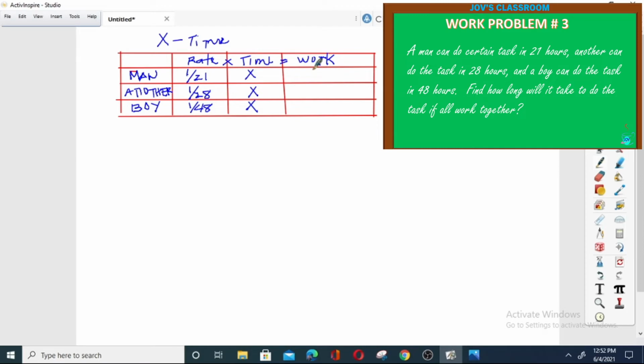So this is X over 21, X over 28, and X over 48. Let us get the sum: X over 21 plus X over 28 plus X over 48 is equal to the whole work, which is 1.